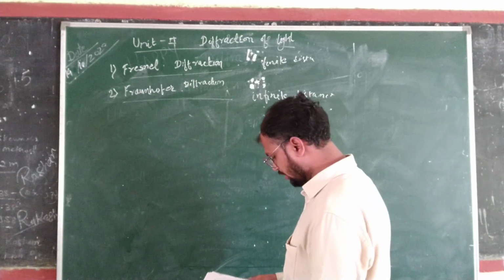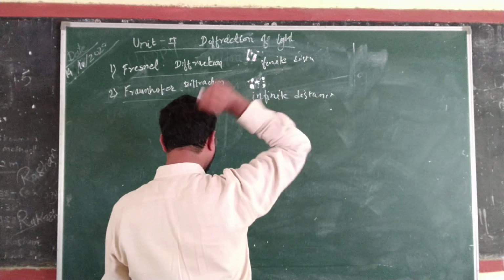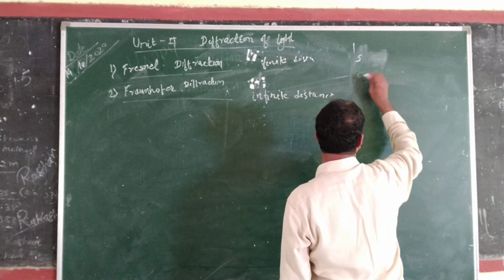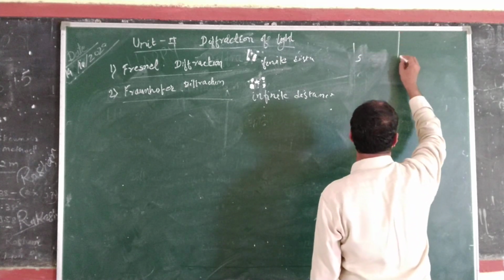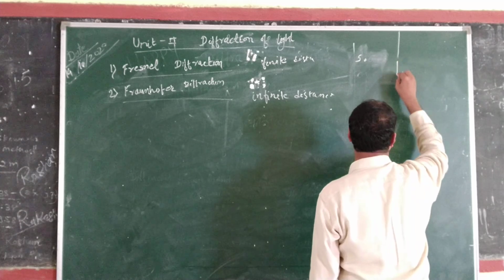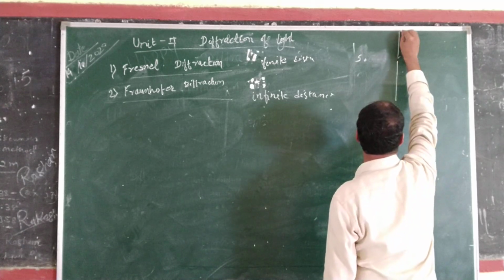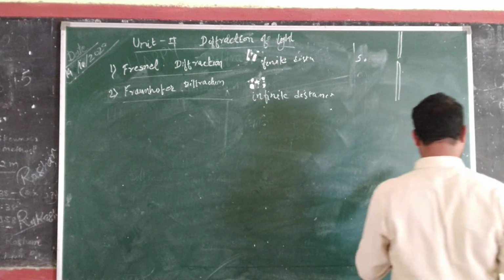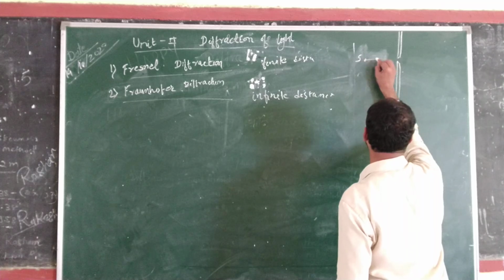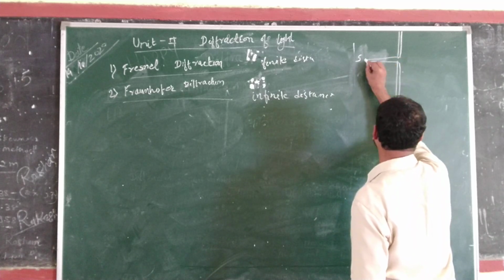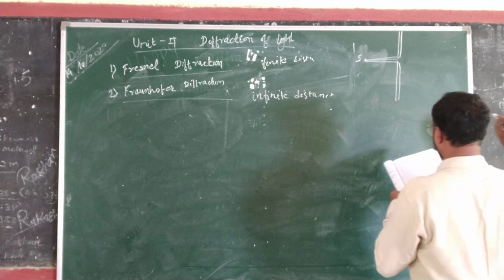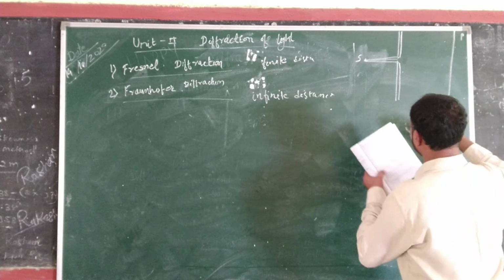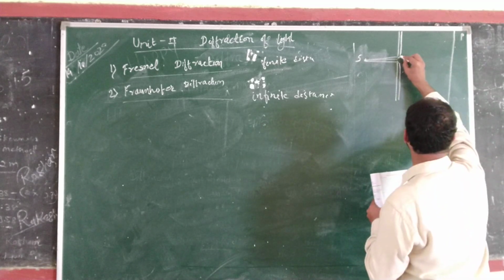So the diagram of Fresnel diffraction. The source, suppose this is an aperture, this is the sharp edge of this aperture, and this is your screen.